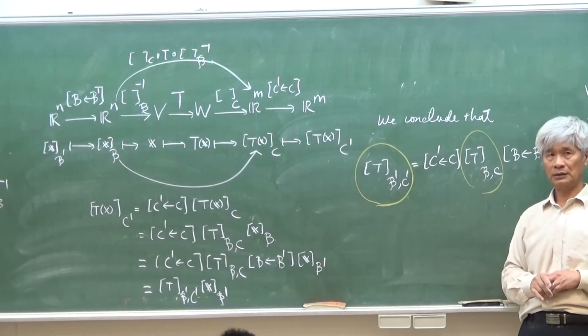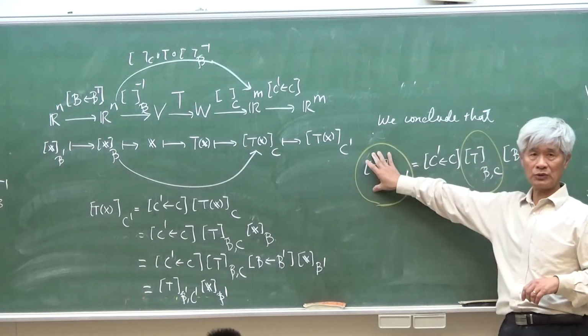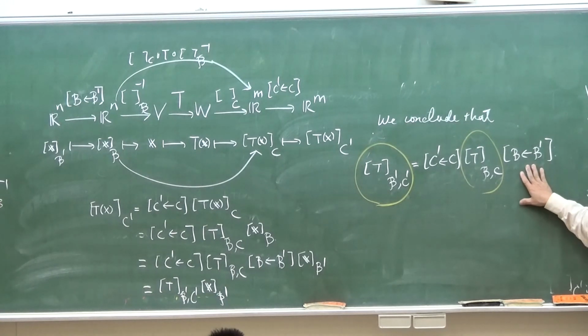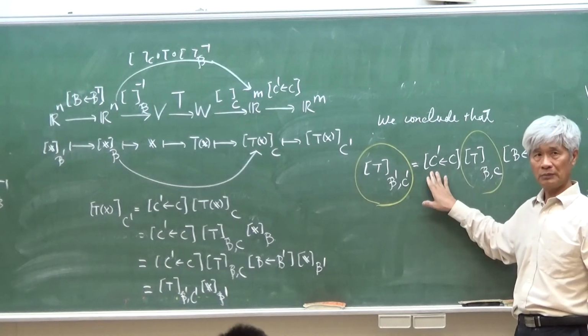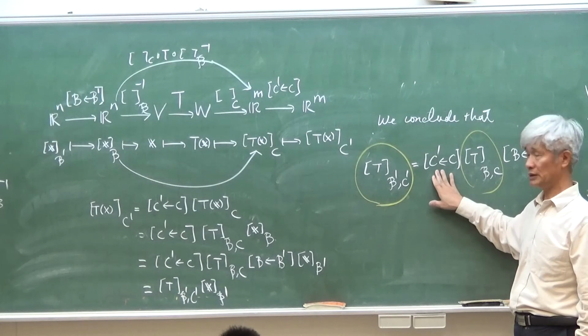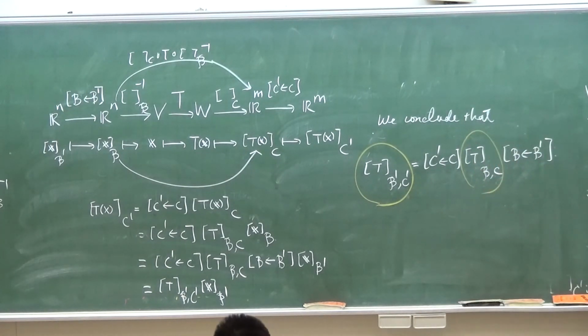Okay? So we can turn this matrix representation into this matrix representation by what? By multiplying the transition matrix for coordinate change in V, and also by multiplying the transition matrix for coordinate change in W. And you have to check the dimension. Let me check the dimension of the matrix here.